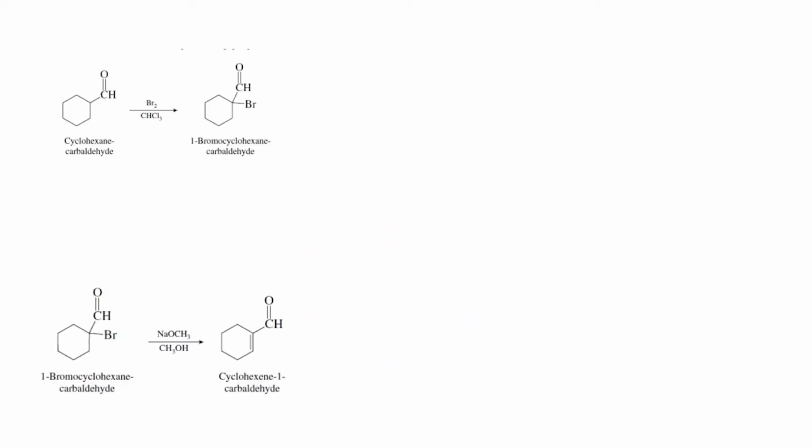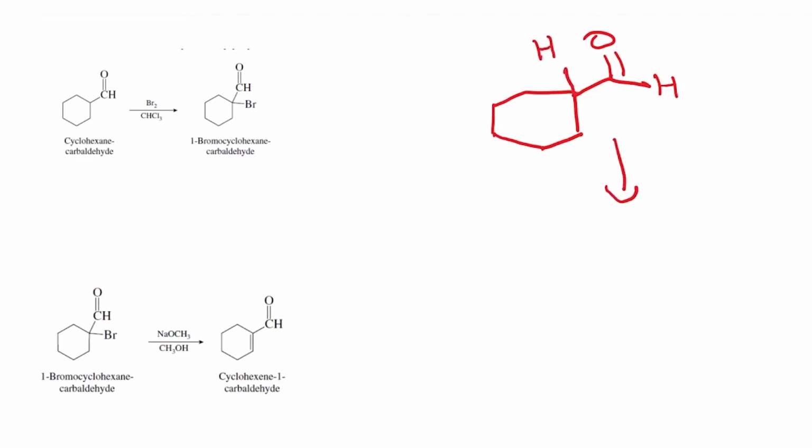So the first part of this question, what we can think about is the alpha hydrogen that is present. And we all know bromination can be achieved through Br2 and chloroform. So what you can propose is that you have an enol, and then this enol undergoes bromination to give you the product.